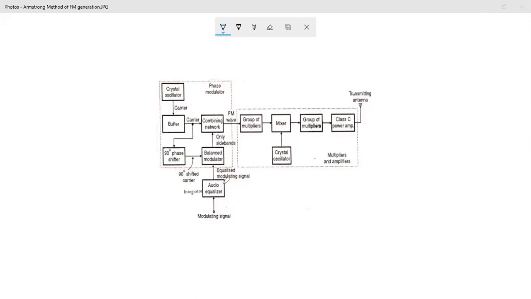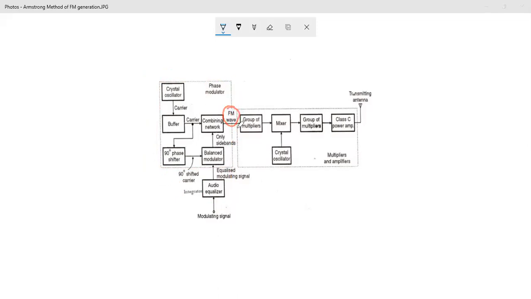When the input is given through this audio equalizer, this whole block from here to here, if we also add the audio equalizer, becomes FM, and we will get the FM signal.